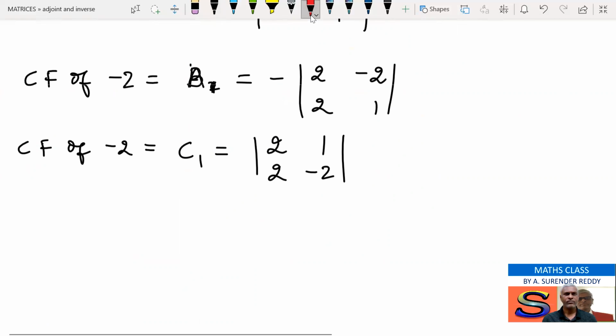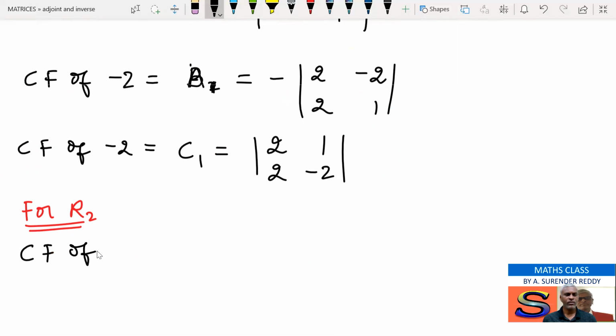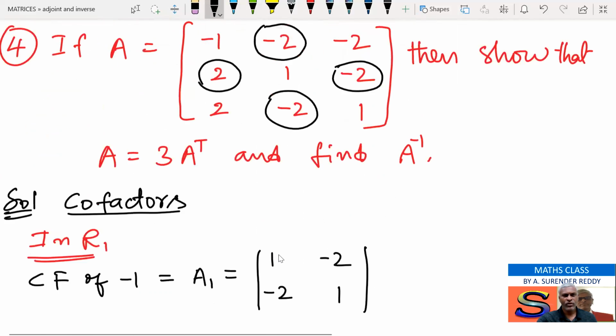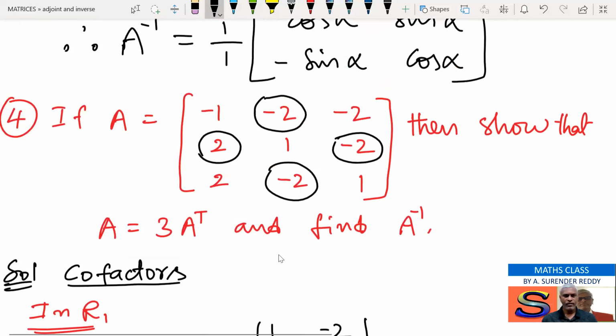Next, the second row elements. For R2, the cofactor of 2, let us name it A2. For this you need to multiply with minus and take the 4 elements.